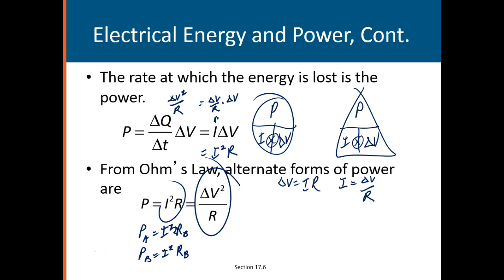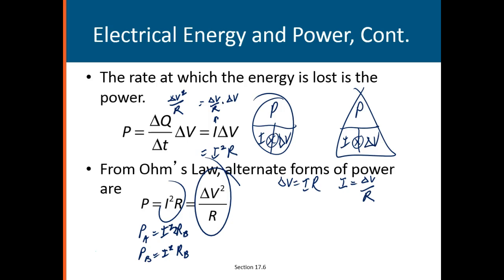So that would indicate the power dissipated through A should be twice that dissipated through B. However, I want to hold forth something just in case. Okay, 17.9 says A. And what was A? Resistor A. Okay, sure. Okay.